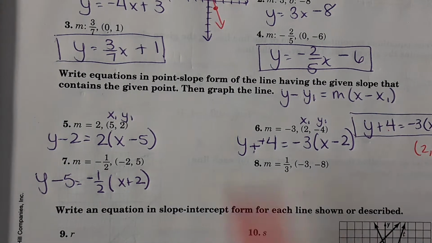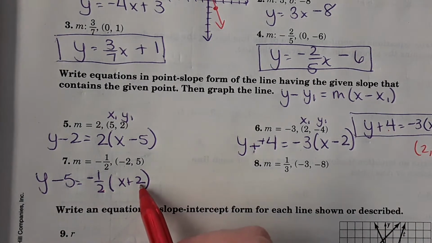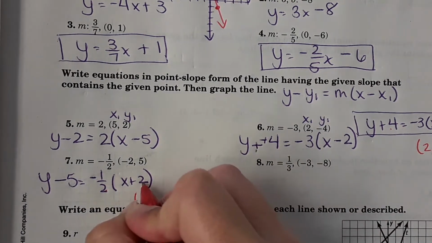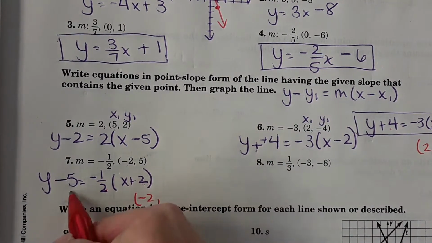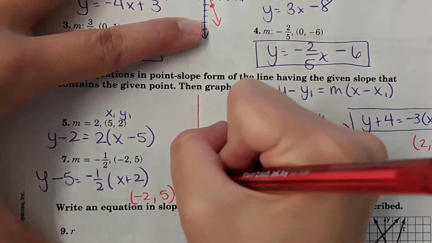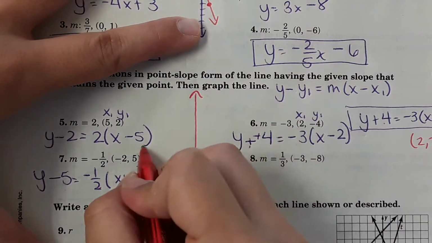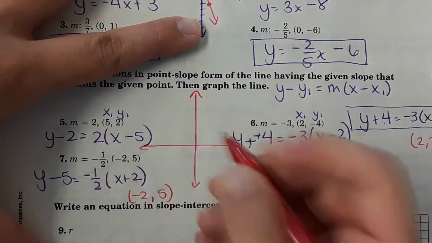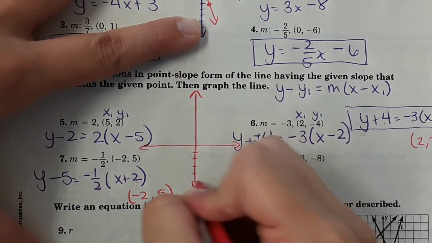So to graph it, we have our slope. To grab the point on the line, our x would be -2, and our y is +5. I'm going to draw a coordinate plane. This is the one we're graphing here. 1, 2, 3, 4, 5.